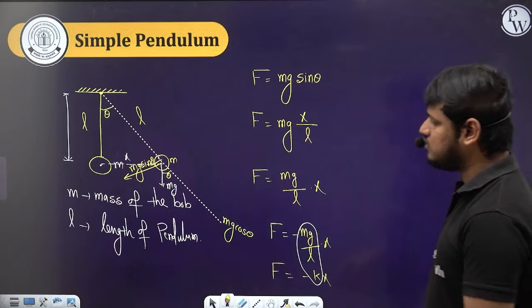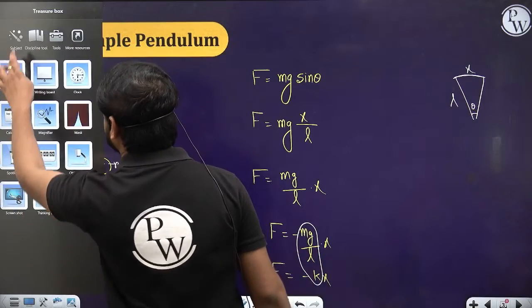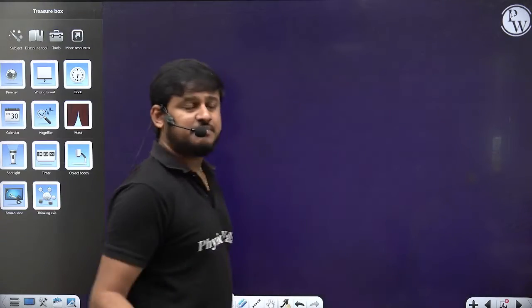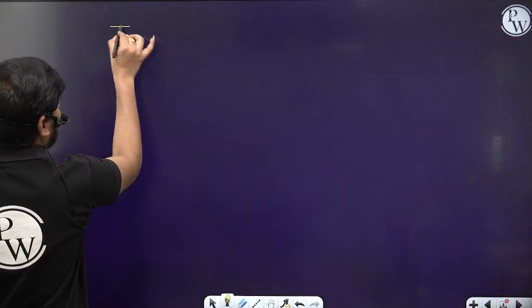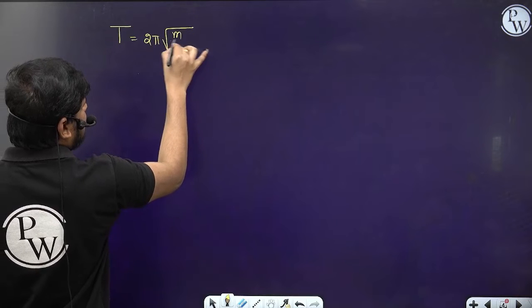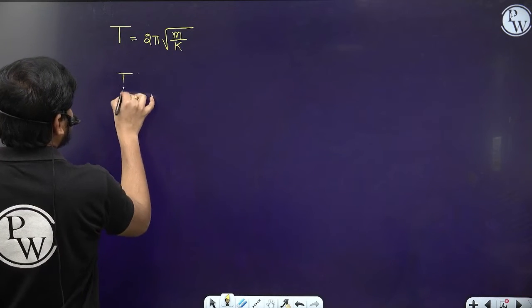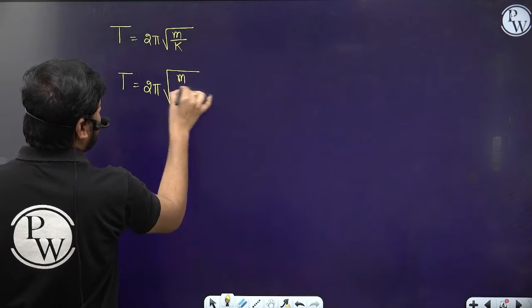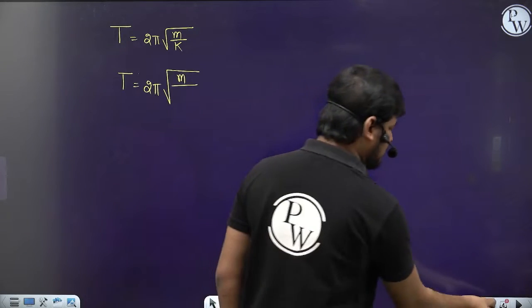Now let me take the next slide. Once you have the k, finding the time period is easy. The time period of any pendulum is T is equal to 2 pi into root over m by k. What did we get in the place of k?